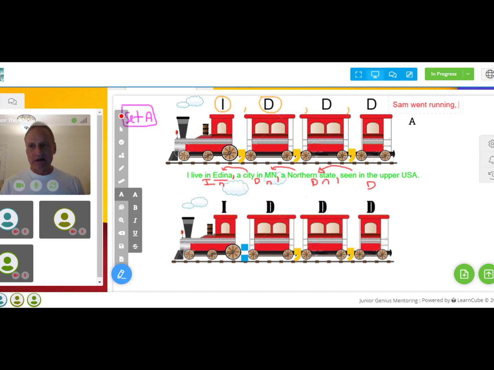So if I put something after, giving a mini definition of what running is: Sam went running, a thing you do when you move your legs back and forth really fast. You see how that's kind of dumb? Verbs, for the most part, are kind of self-evident. I'm not saying you'll never do it, but most of the time you don't really need a mini definition of the word right before it.